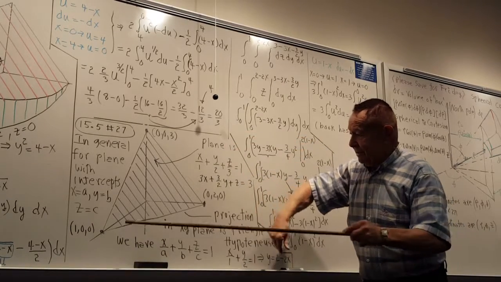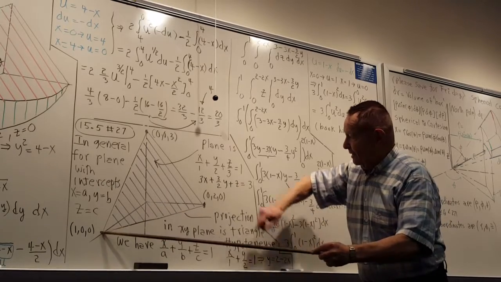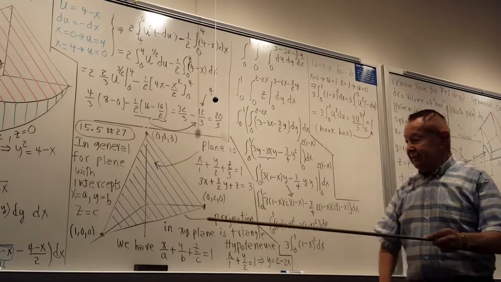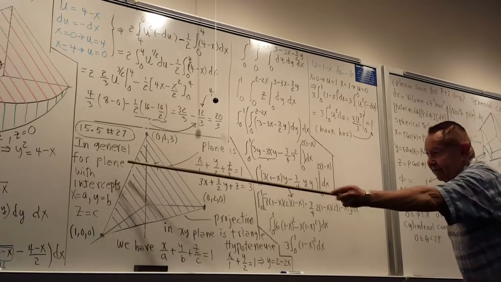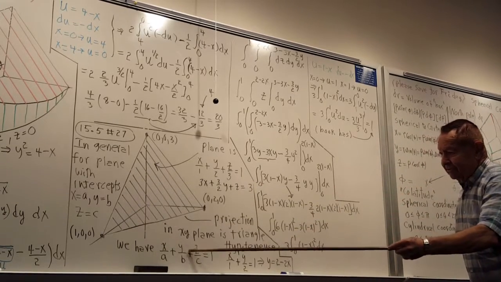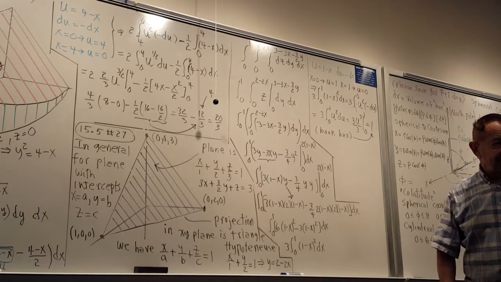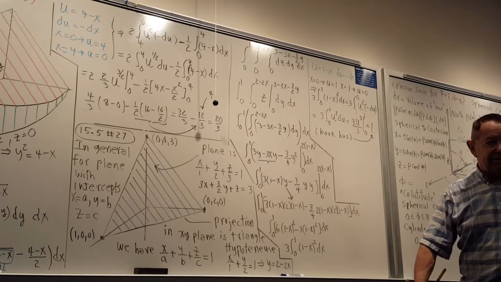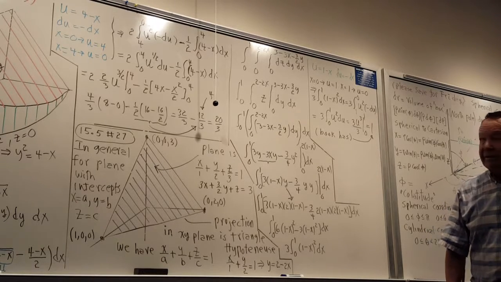So same argument, x over 1 plus y over 2 equals 1. This approach works for a plane, and it also works for a line if you know the two intercepts are a and b. The line is x over a plus y over b equals 1.